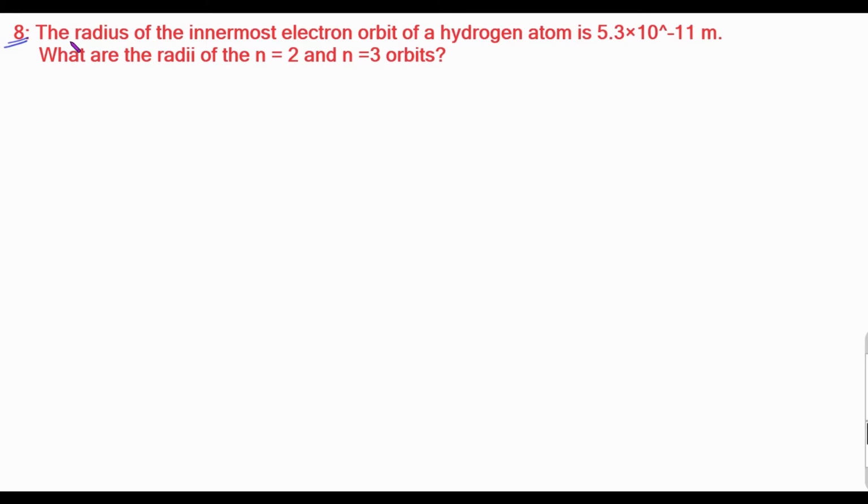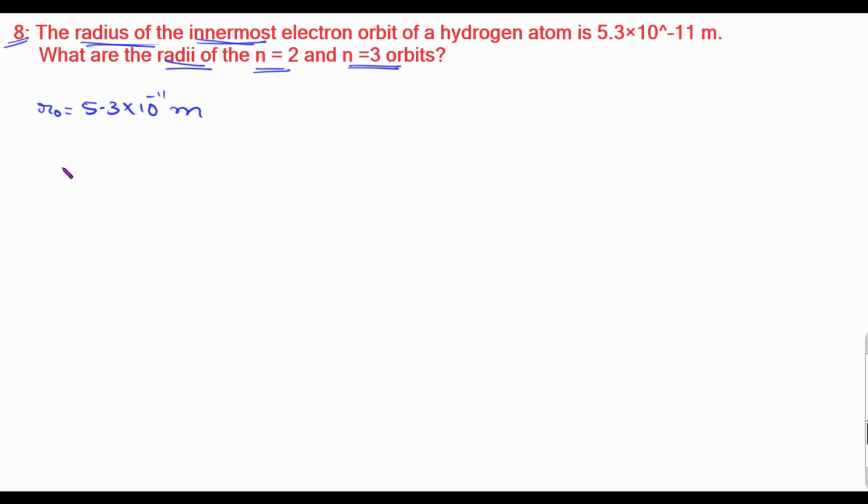It's a very simple question where they are asking you to calculate the radii of the n = 2 and n = 3 orbits. The only thing given in the numerical is the radius of the innermost electron orbit, which is 5.3 × 10^-11 meter.